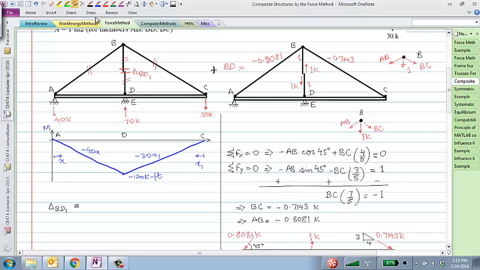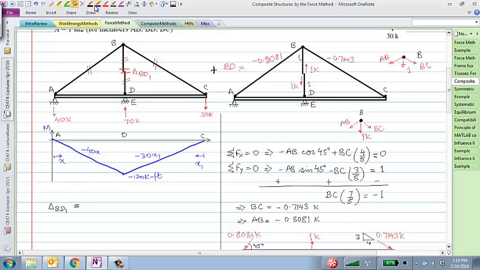Very quickly, in this case we need to keep in mind that I need to add up both energies, due to bending and due to axial effects in the truss members. Thankfully, the axial effects in this particular problem are all 0. In general, that would not be the case.